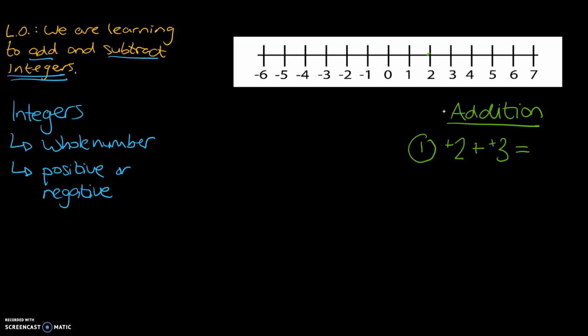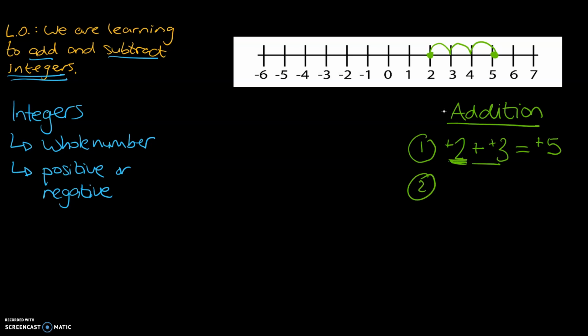Let's have a look at the number line. Our starting point is the first number, which is positive 2, and we are adding positive 3 to that. So that means we are increasing by positive 3 because addition is normally adding something to it. So let's increase our number by positive 3. We're going to go 1, 2, 3. And that means our answer is going to be positive 5.